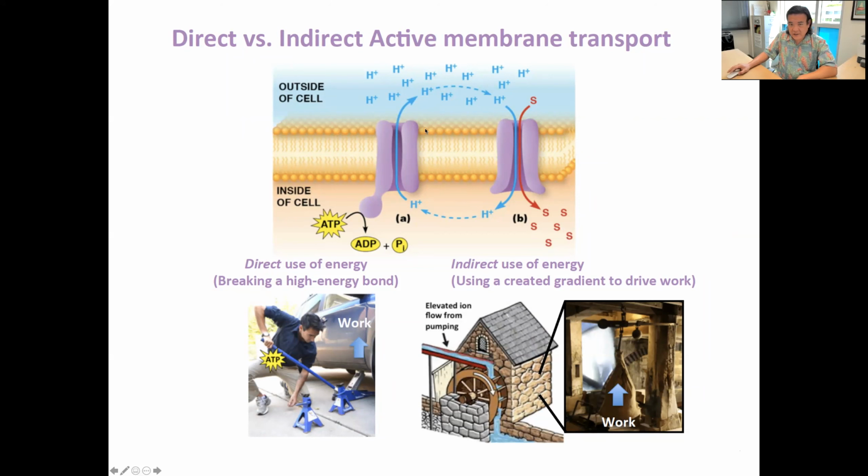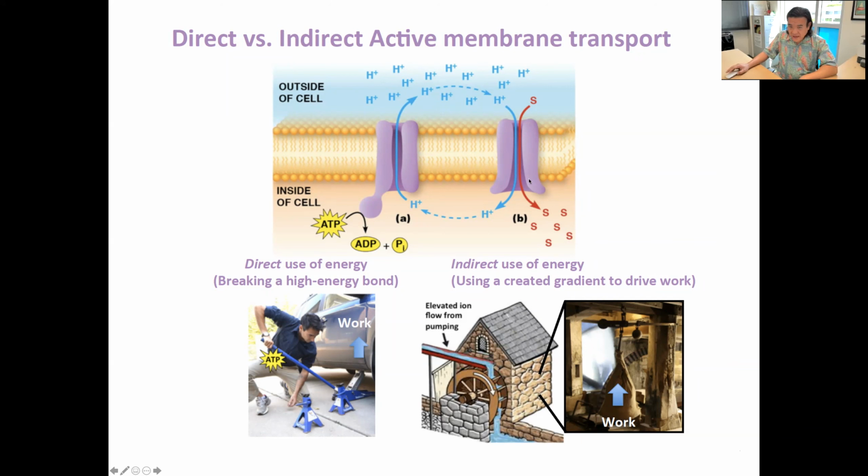Here on the left, this purple protein is a direct ATP pump that pumps protons from inside of the cell where the concentration is very low out to the outside of the cell where the concentration is actually very high. So since you're going uphill, from low to high, this requires energy. And if this transporter protein does this directly by breaking ATP to change its shape, that's an example of direct active transport.